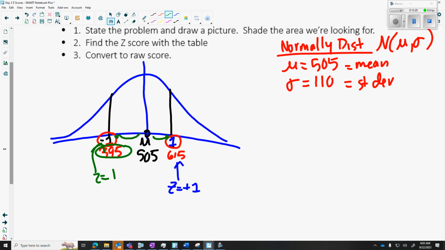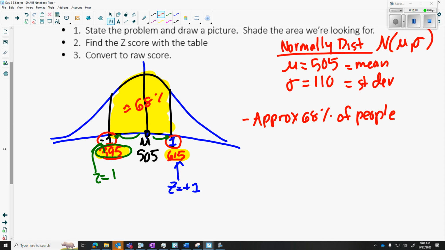The percent of data that lies between 395 and 615, because it's within 1 standard deviation of the mean, is 68%. Approximately 68% of people are going to score between this number and this number. So I'm going to write that down: approximately 68% of people that year scored between 395 and 615 on the verbal SAT.